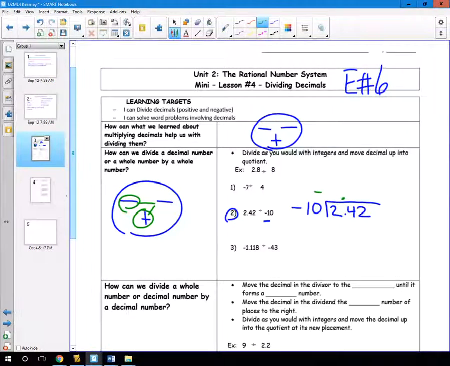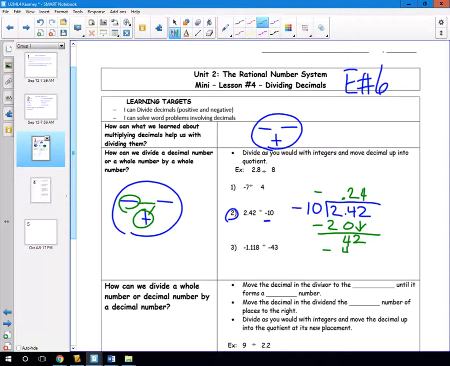So we say, does 10 go into 2? No. Does it go into 24? Yes, it goes in 2 times, minus 20. 24 minus 20 is 4. We break down our 2. 10 goes into 42 4 times.